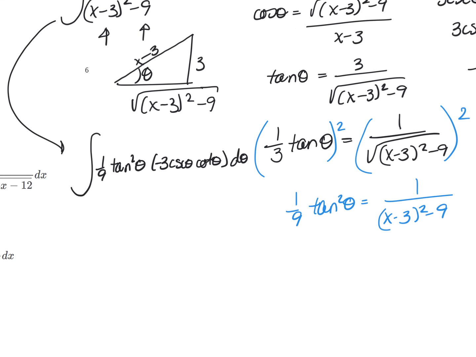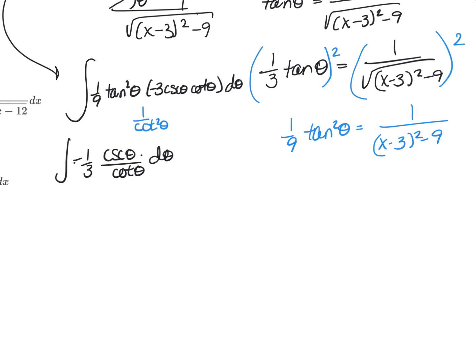And then I'm going to replace tangent squared is 1 over the cotangent squared, oh, multiplied by that 1/3, so that becomes a -1/3. The cosecant of theta. Tangent is 1 over the cotangent squared of theta. So I end up with cosecant over the cotangent of theta, d theta.